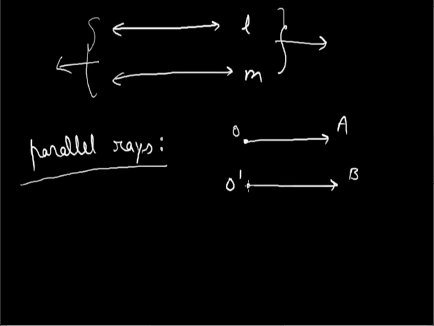Then these two rays are parallel if the corresponding lines determined by them are parallel, or in other words the two rays must not intersect even if extended in both the directions.